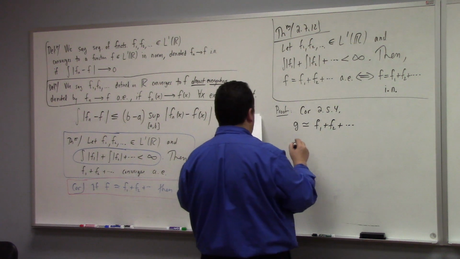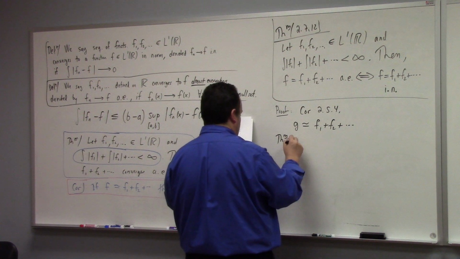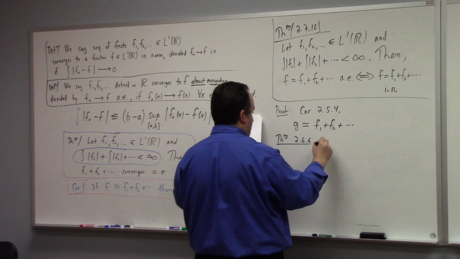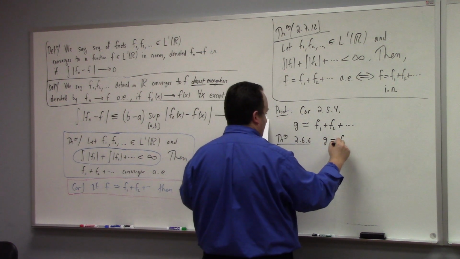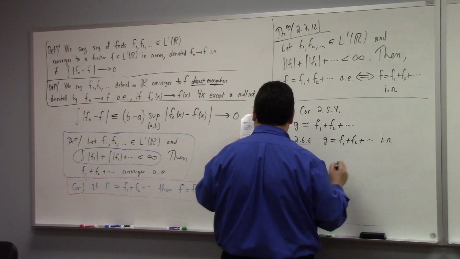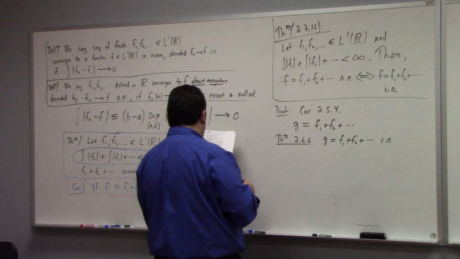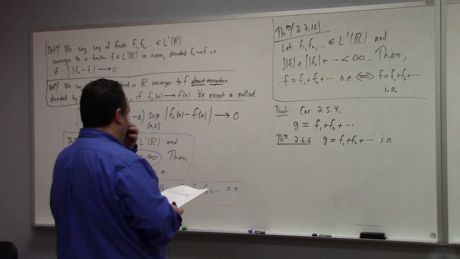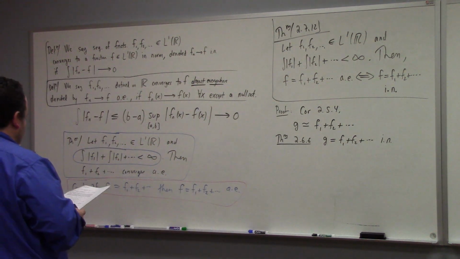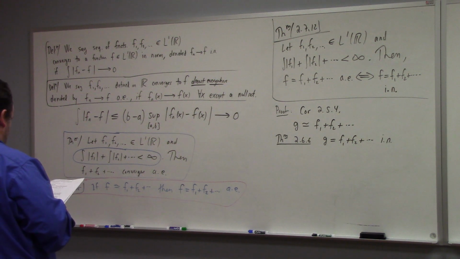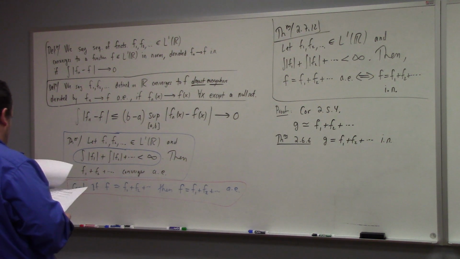And then by theorem 2.66, you get G is equal to F1 plus F2 plus dot dot dot in norm. How is that? Do I have theorem 2.66 on the board? Or is that from last time, isn't it? What was theorem 2.66?